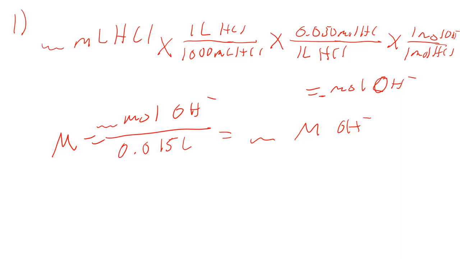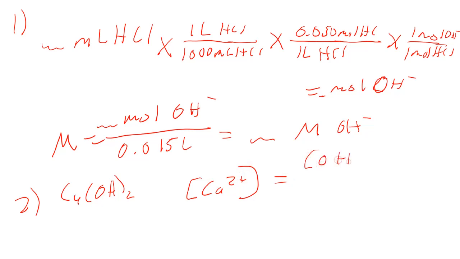So in step 2, you need to calculate the Ca2+ concentration. So remember, the formula for calcium hydroxide is Ca(OH)2. So for every 2 hydroxides, we have 1 calcium. So to get our calcium concentration, we're going to take what we calculated for our OH- concentration and divide that in half.